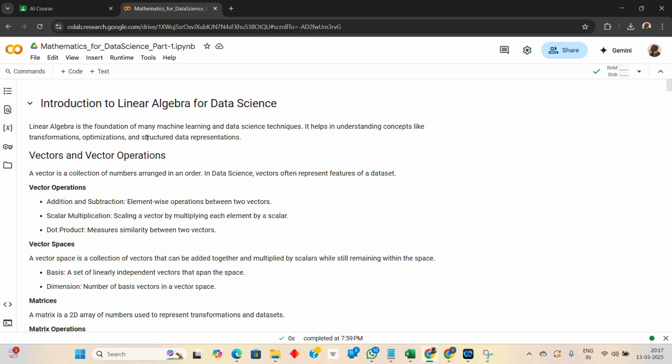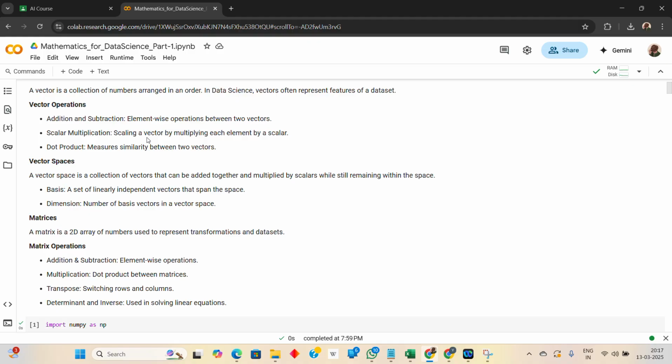So first of all, linear algebra. We learned about linear algebra in our schooling or +1, +2 time. What linear algebra covers is vectors and vector operations, and of course matrices, which are kind of vectors only.